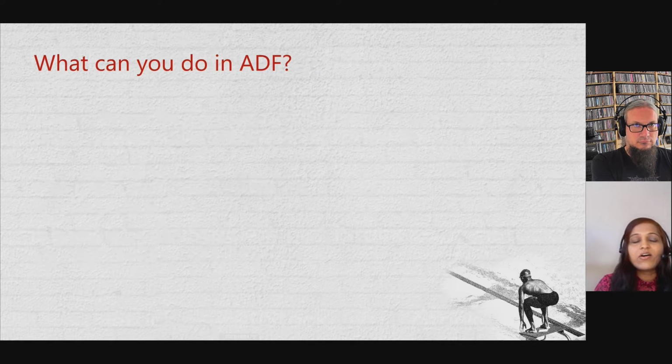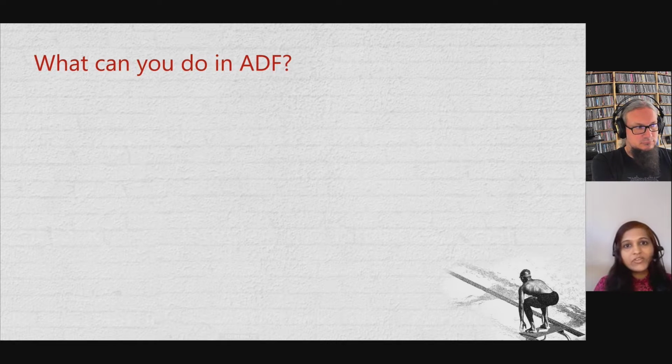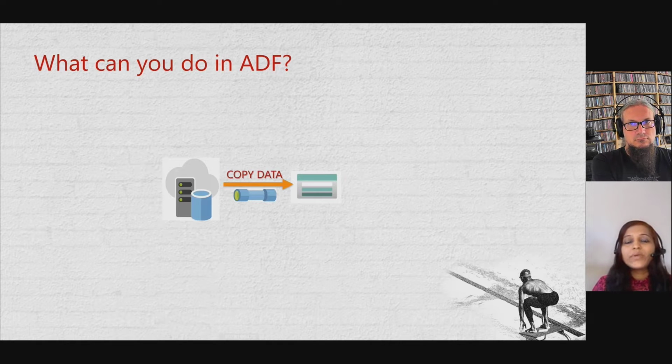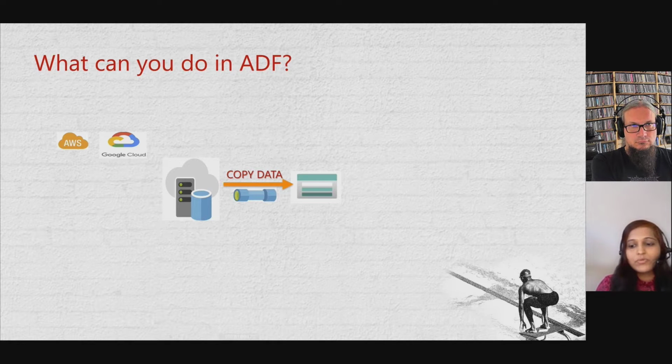Now let's see what you can do in Azure Data Factory so you get an idea why you need Azure Data Factory. First one is copy data. You can copy data in two ways. You can use a copy data tool or you can use a pipeline and your pipeline has a copy activity. So for that you can select your source. Your source can be another cloud service, for example AWS or Google Cloud.